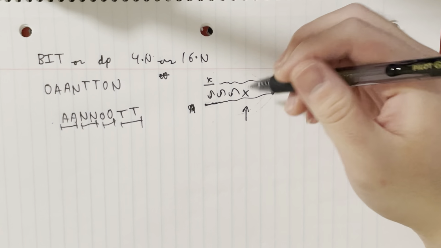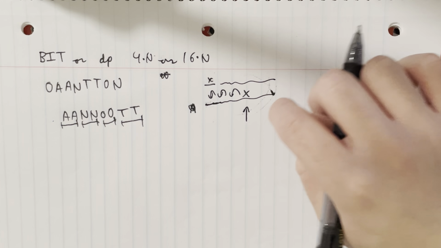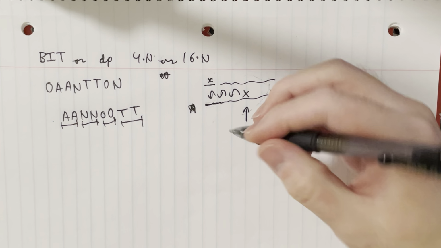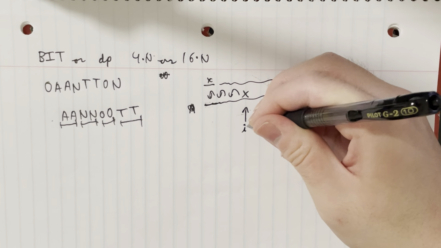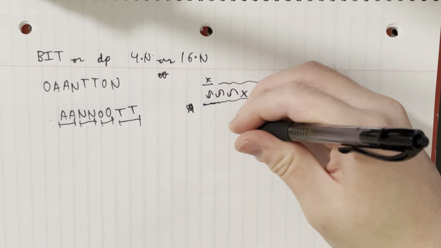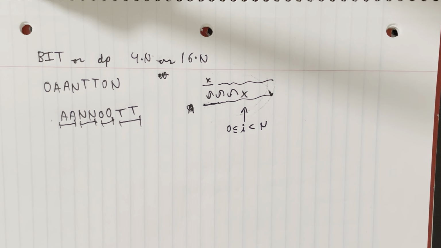Moving it doesn't change the relative order of any of the other characters before X and after X. And the cost is essentially I, where I is the location of this X and I is 0-indexed, so 0 is less than or equal to I, which is strictly less than N. So that's how this process of fixing a string would look.